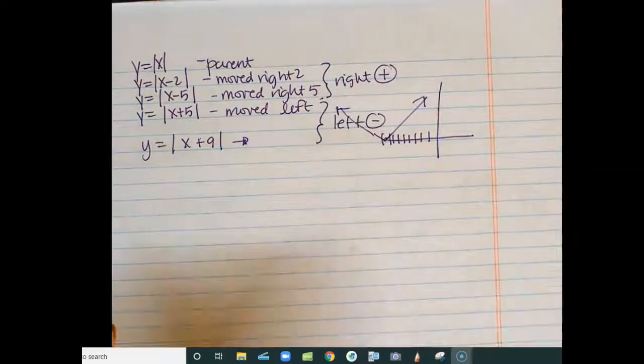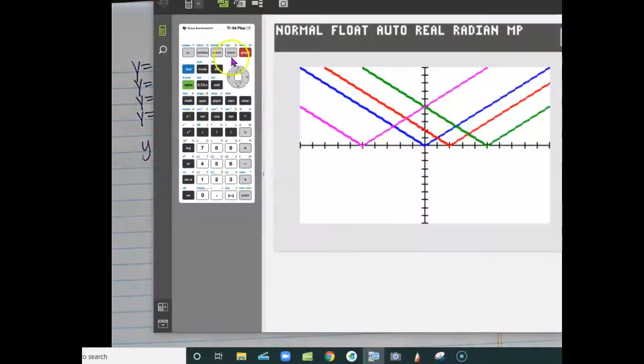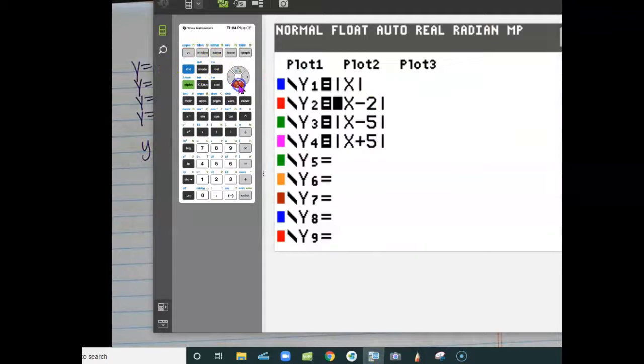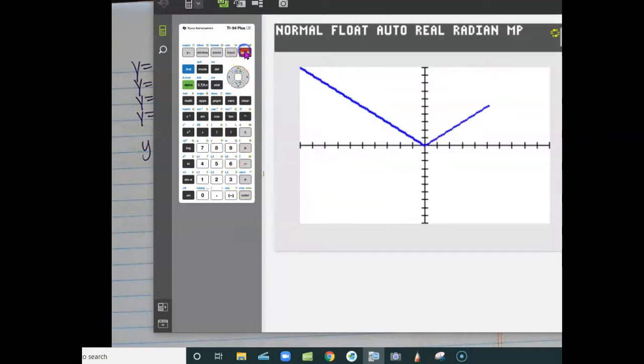Just draw through there. I'm going to guess it's going to be right there. Let me graph it and see what that looks like. So I'm going to turn all these off so that we can tell what's happening with my special graph. Might as well just use this one. So |x plus 9| was my graph, and here it goes. There it is at -9.